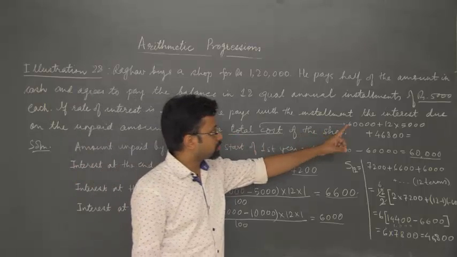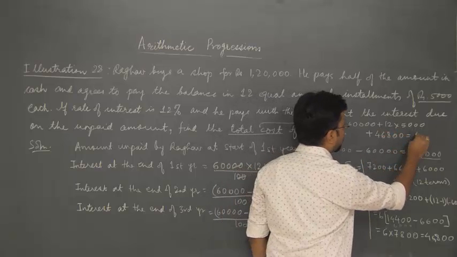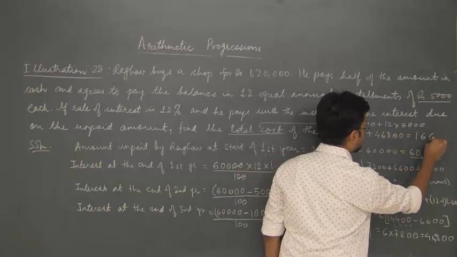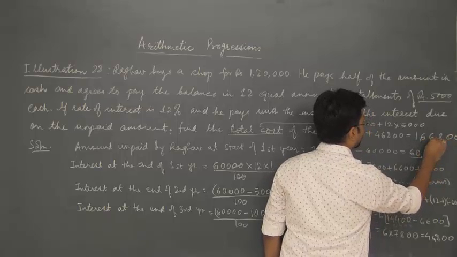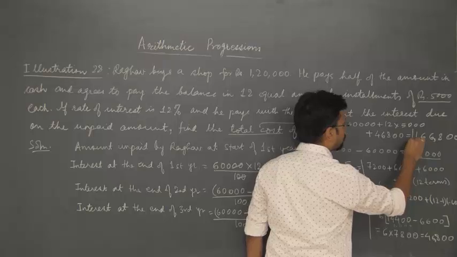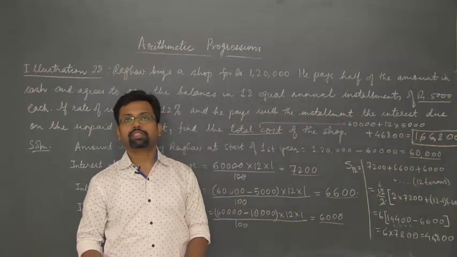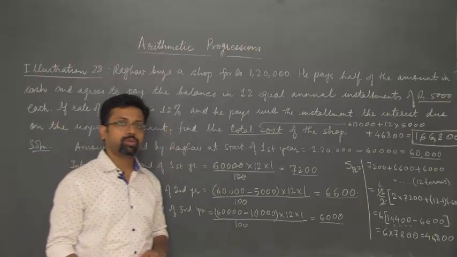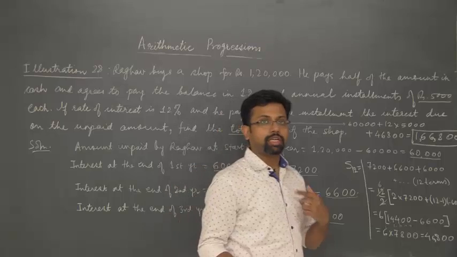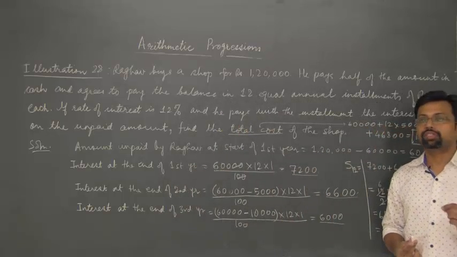And what does this come out to be? It is 1,66,800. So effectively the total cost of the shop turns out to be 1,66,800 rupees for Raghav. It is not 1,20,000 because he has to pay the interest on the remaining amount at the end of each year.